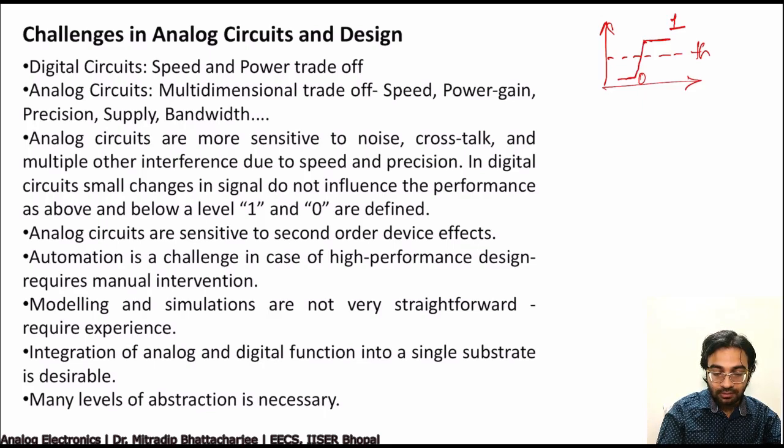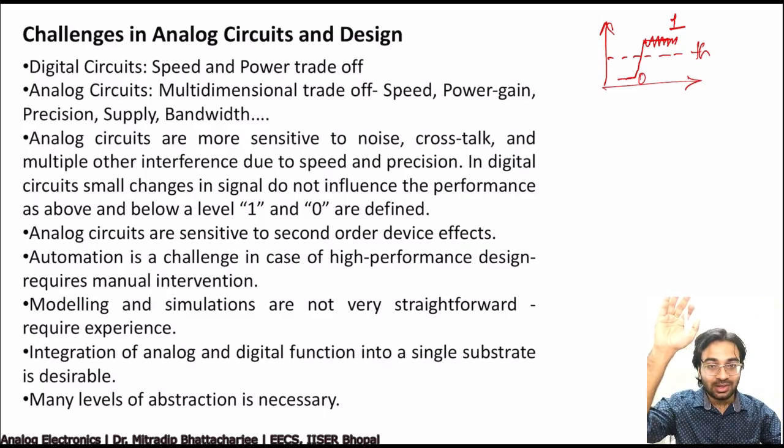So even if there is some ripple or noise in the circuit or in the signal, if it is above the threshold, that noise doesn't matter, because ultimately you are getting 1. You do not have to be very precise about the signal above this. So digital circuits are good; they provide very good noise margin. But in the case of analog, as I have said, a 0.1 millivolt error may get amplified somewhere else. So it is more susceptible to noise.